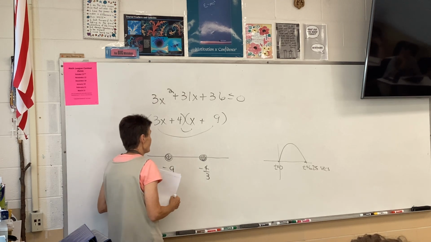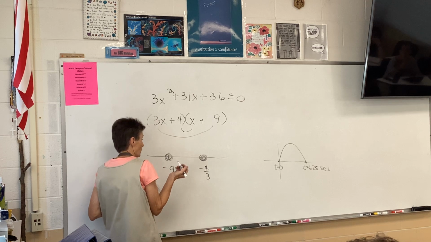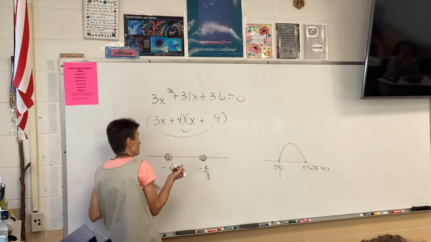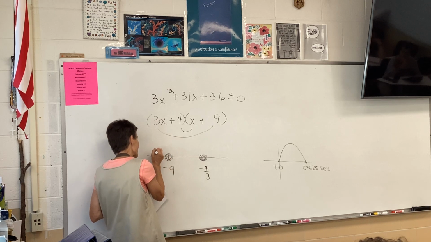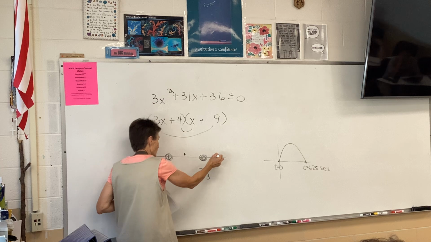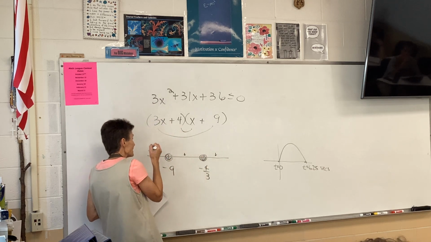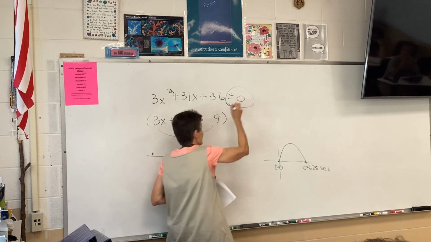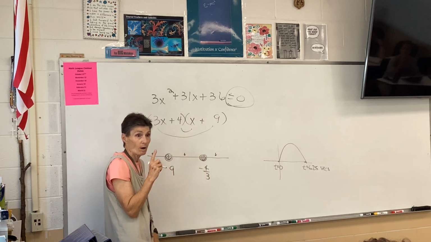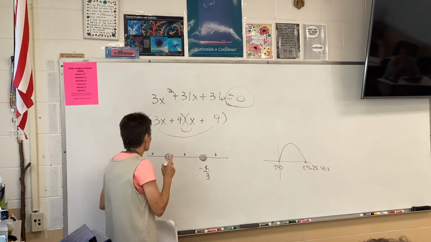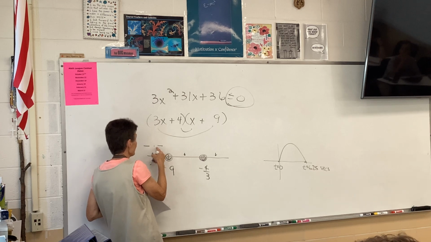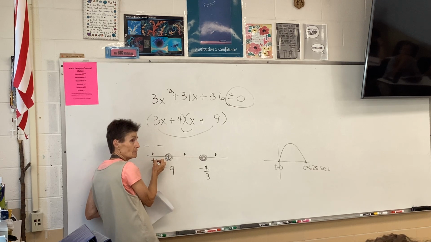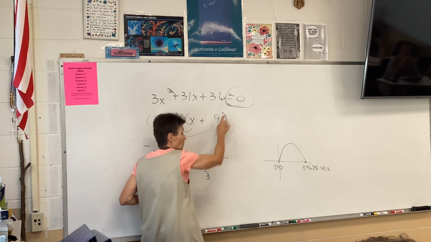And then, if I'm forced, as I may be on the AP exam, to do a sign chart, then I pick a number in each section of the number line and see if it gives me a negative result, because that's what I want. If I put in negative 10, I would have a negative times a negative, which is a positive, and that is not what I want.